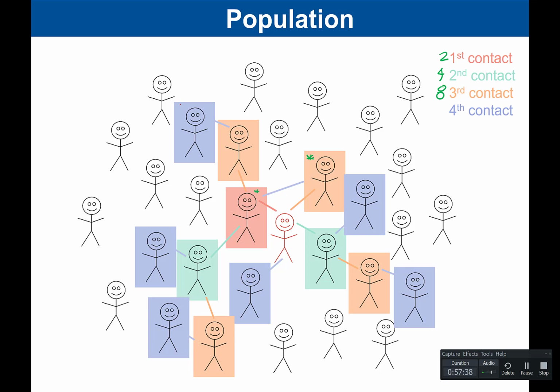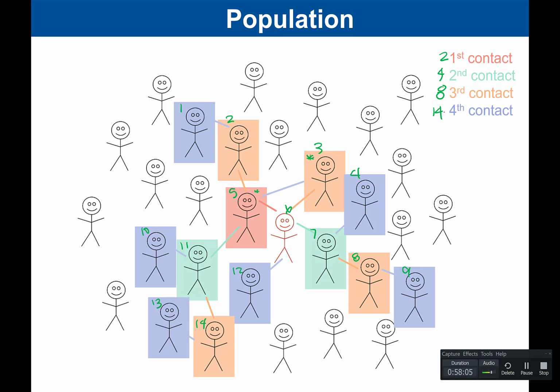The number of cases is now 1, 2, 3, 4, 5, 6, 7, 8, 9, 10, 11, 12, 13, 14. So now only 14 people end up with the disease, even though we expect 16.